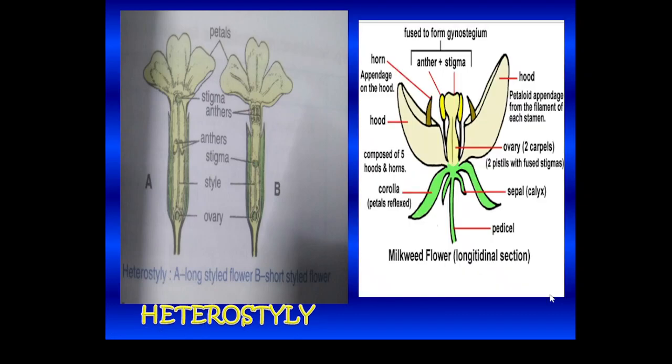And this is what we call heterogamy. You can see the hoods here. This is a milkweed flower. This hood will not allow the anthers to fall on the stigma. The stigma is guarded by this hood.